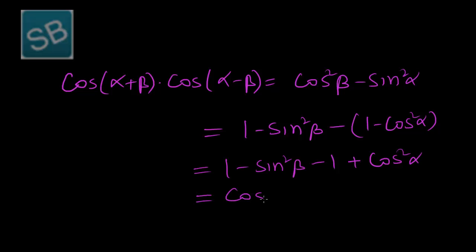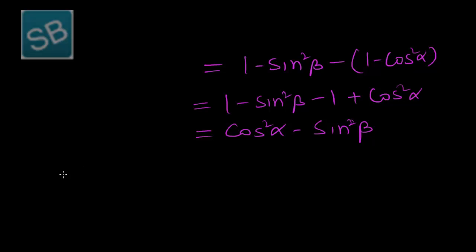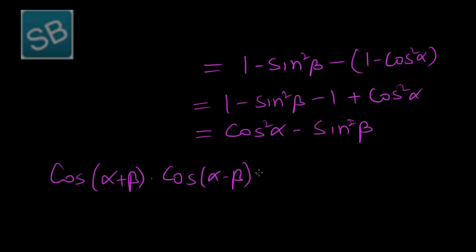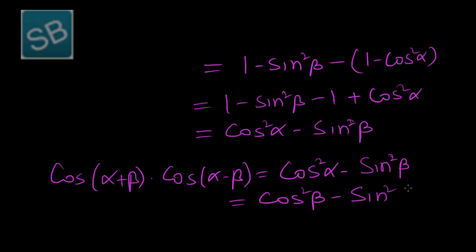So we get cos square alpha minus sin square beta. So cos of alpha plus beta into cos of alpha minus beta is equal to cos square alpha minus sin square beta, and also cos square beta minus sin square alpha.